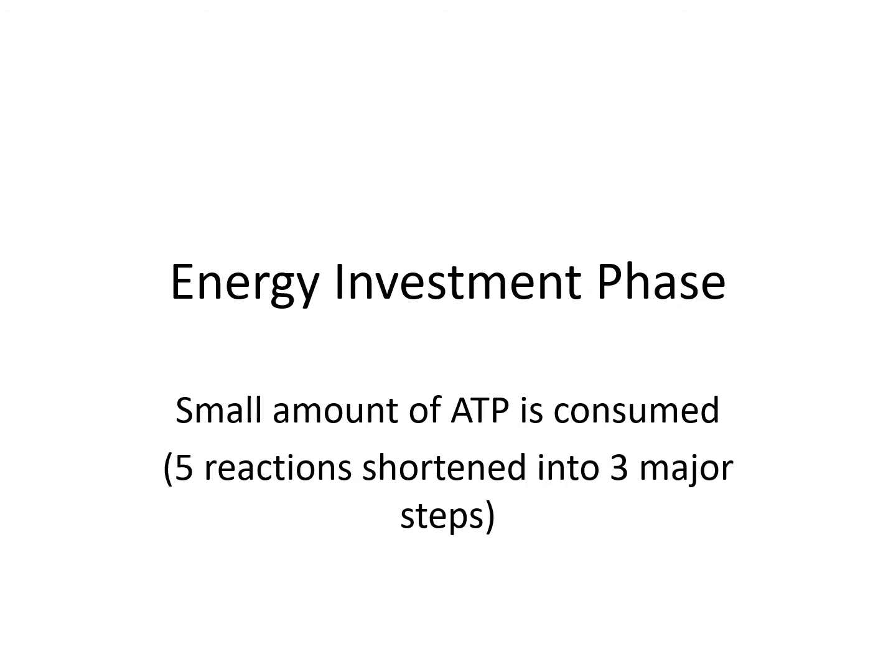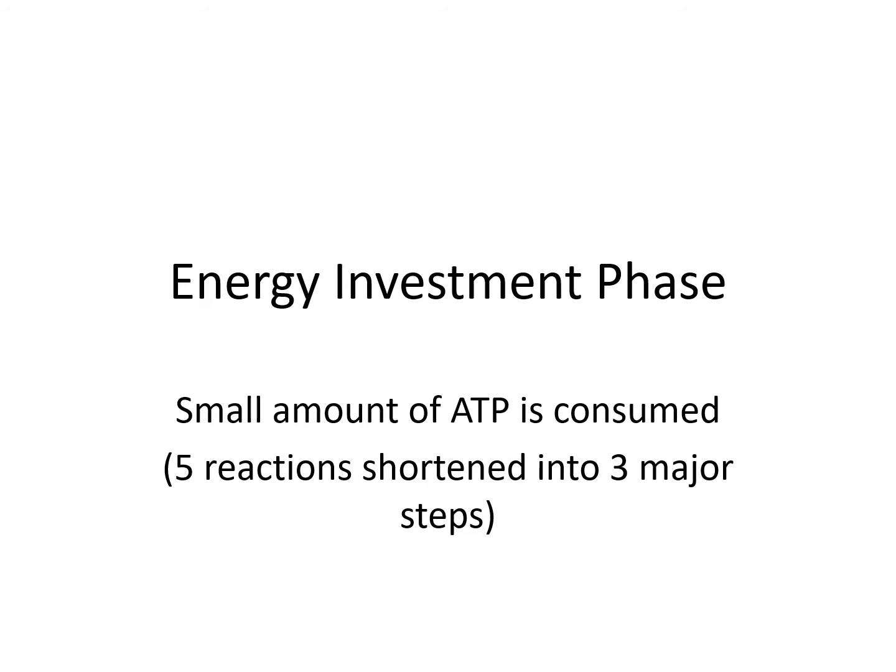In the energy investment phase, a small amount of ATP is going to be consumed. This seems kind of odd because we want to make ATP, but in the first set of reactions we're going to be using ATP. It's sort of like that old adage that it takes money to make money. Well, it takes a little ATP to make ATP.